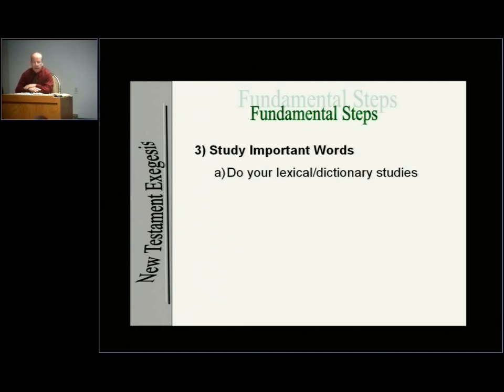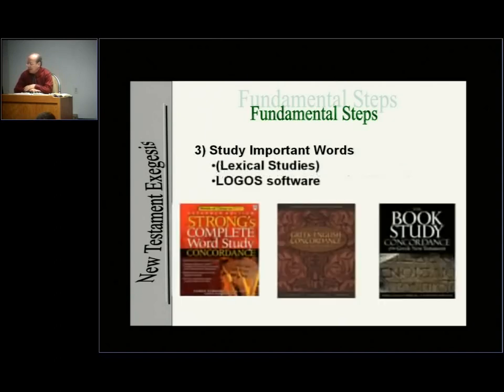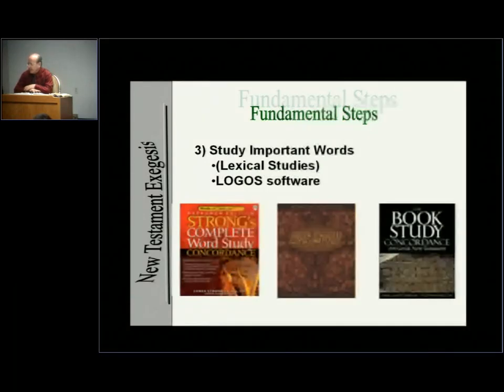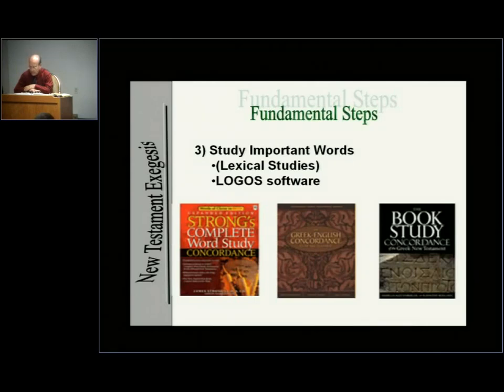Now, here are some recommended tools if you wanted to buy some books. Strong's Complete Word Study Concordance is a good tool. The Greek-English Concordance, and also another one called the Book Study Concordance of the Greek New Testament.